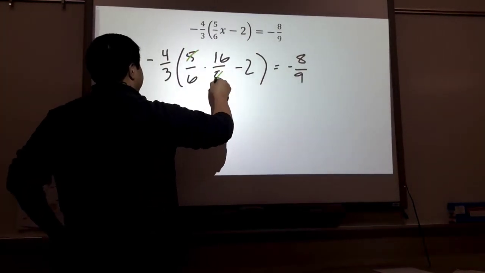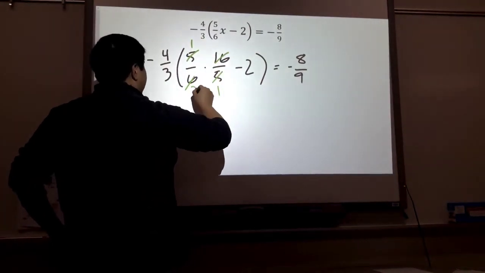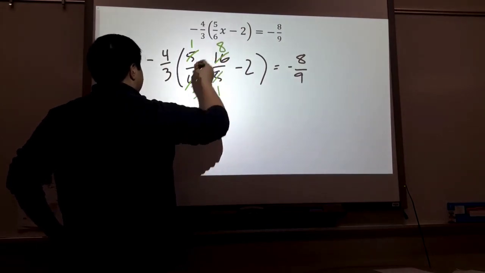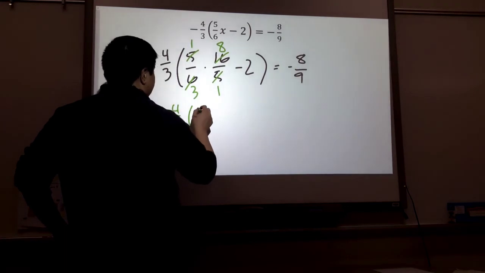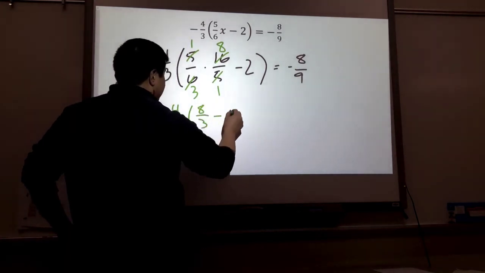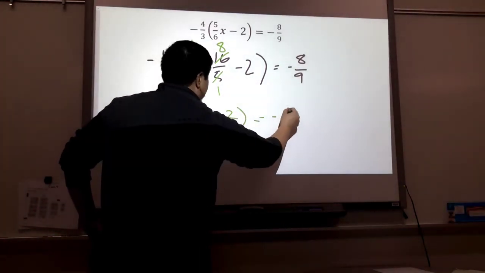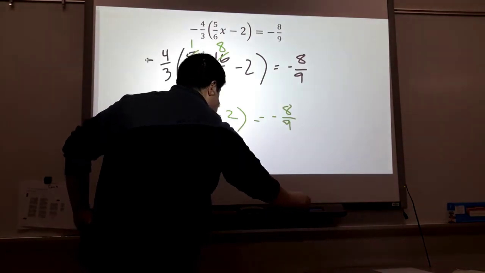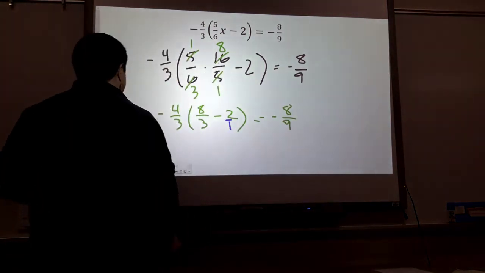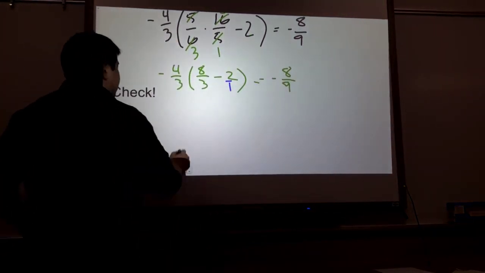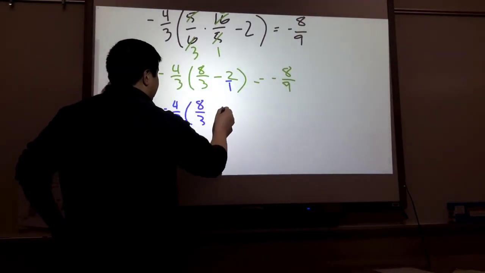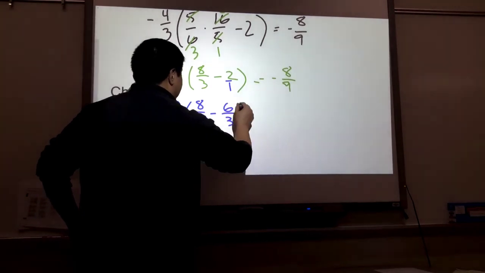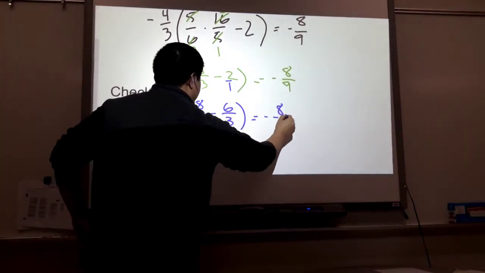Cross cancel. 3 and 8, so we get negative 4/3 times 8 over 3 minus 2 equals hopefully negative 8/9. This 2 is going to be put over 1, so that means it's going to be 6 over 3. So negative 4/3 times 8/3 minus 6/3 equals negative 8/9.